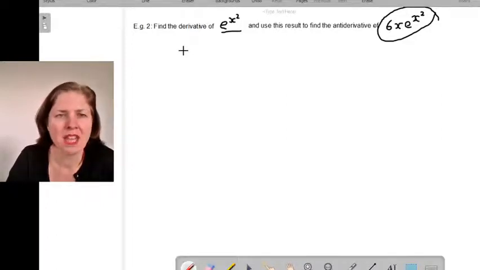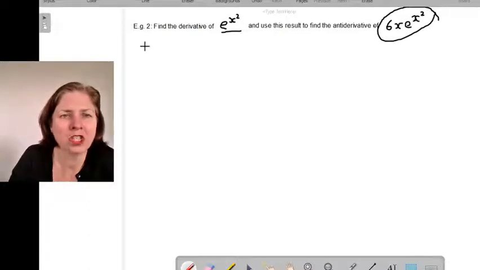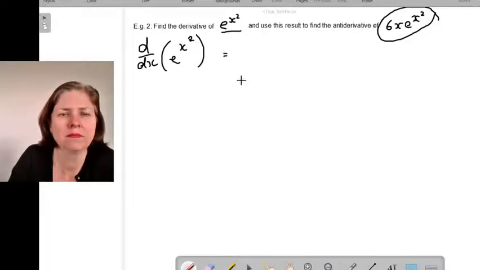Now let's be careful with our notation. The first expression is not given to me as a function, it's just given to me as an expression, e to the x squared. So I'm just going to write d/dx of e to the x squared equals. And this is a chain rule.